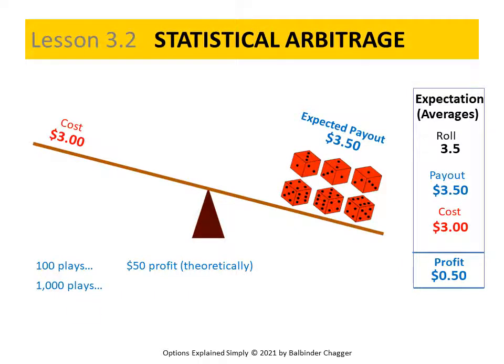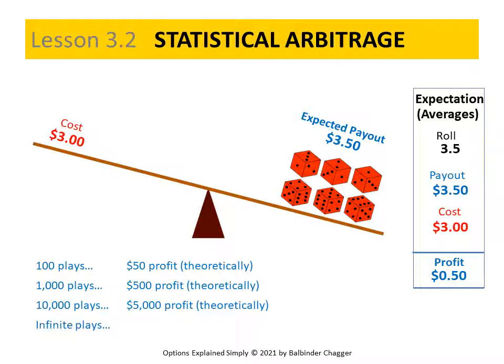After 1,000 plays, we expect to make $500 theoretically. After 10,000 plays, we expect to make $5,000 theoretically. So we should keep playing this game over and over again, infinite times, because then we'll make an infinite profit.